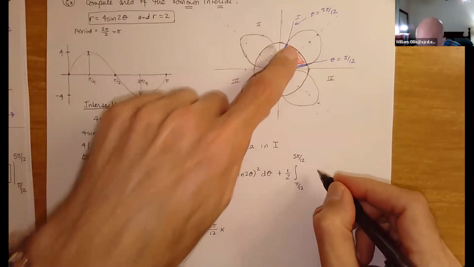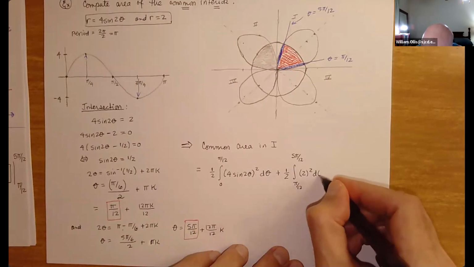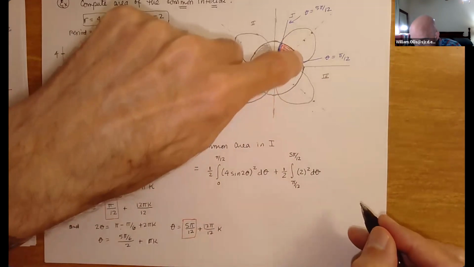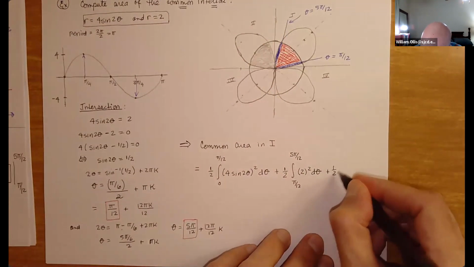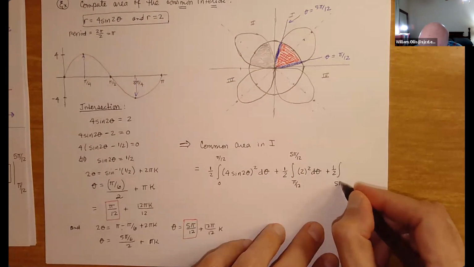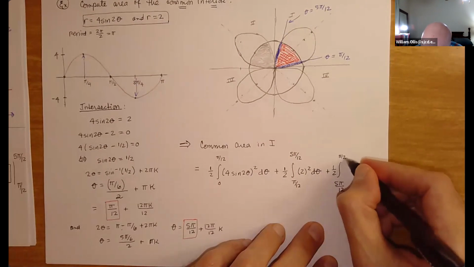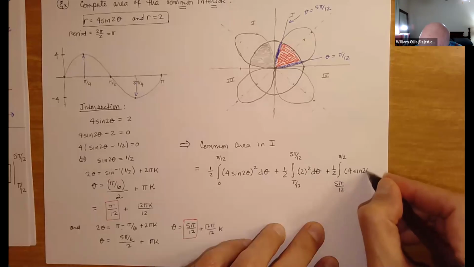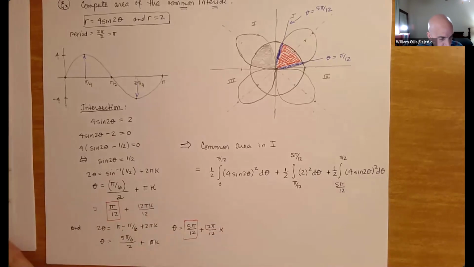And we just have 2 squared d theta. That's the easy part. That's just the area of the circular sector. This part is just r equals 2. Then plus 1/2 integral from 5 pi over 12 to pi over 2 of 4 sine 2 theta, quantity squared, d theta.